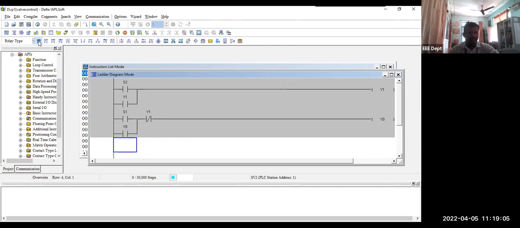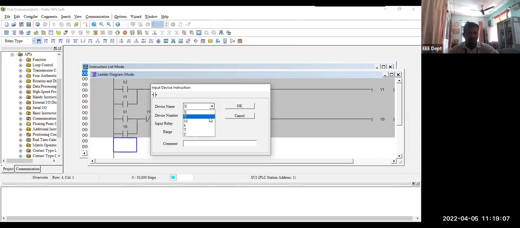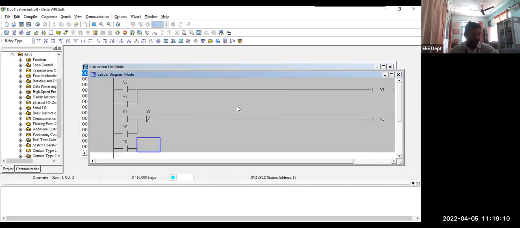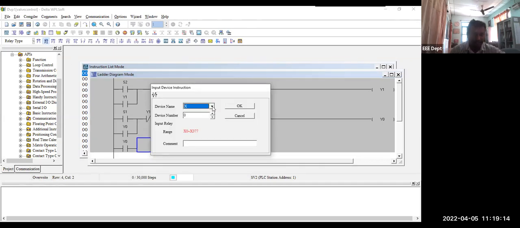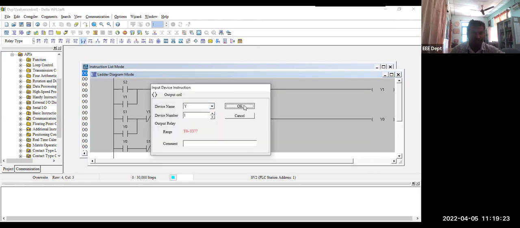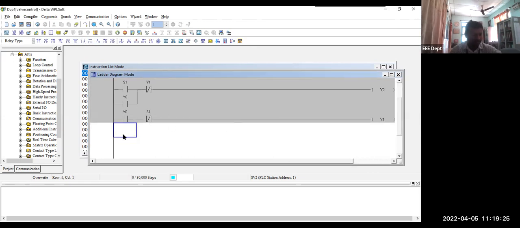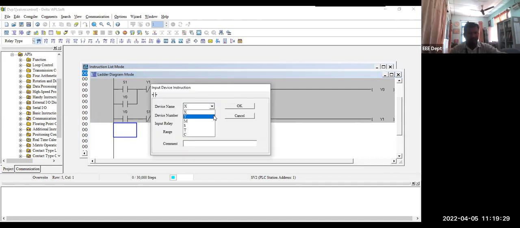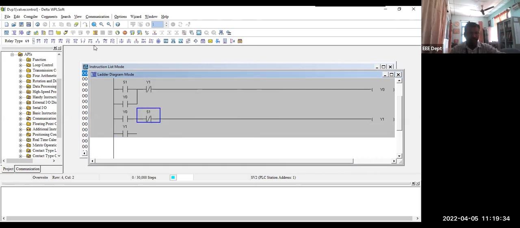Y0 next, Y0 NC again, S1, output is Y1. Again Y1 is latching, like this only.